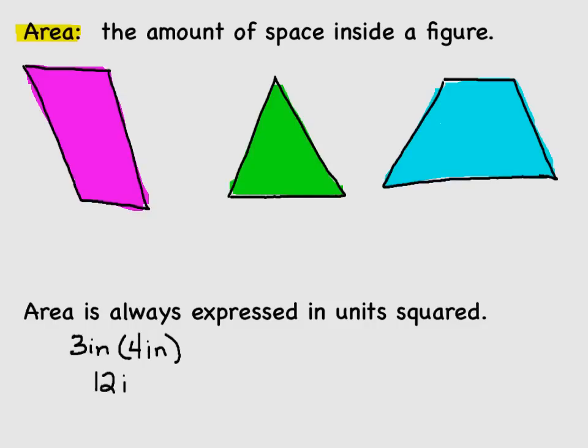Inches times inches is inches squared. So whatever the unit is, if it's centimeters, area is expressed in centimeters squared. If we're talking about yards, yards squared for area. If you're finding the area in kilometers, your area is going to be in square units, kilometers squared in that case.